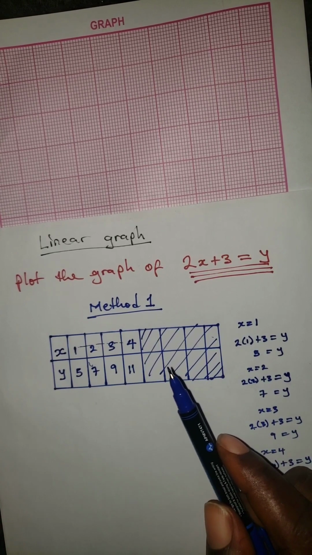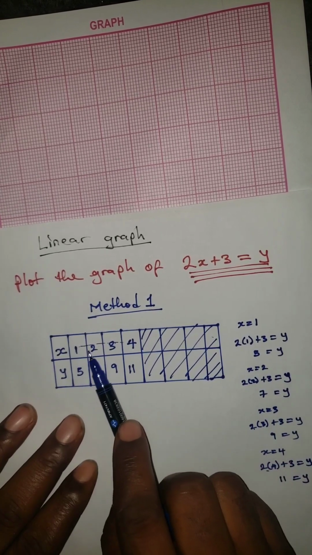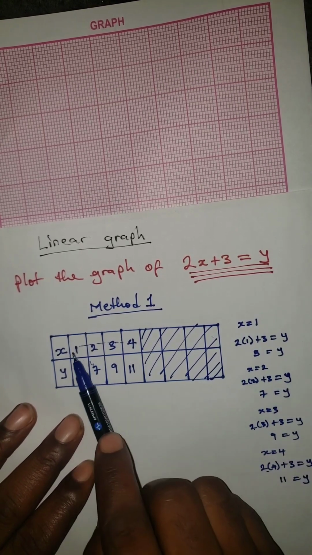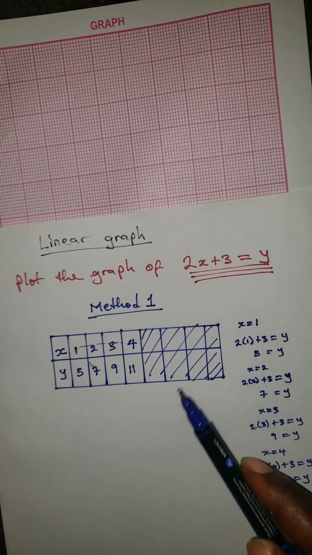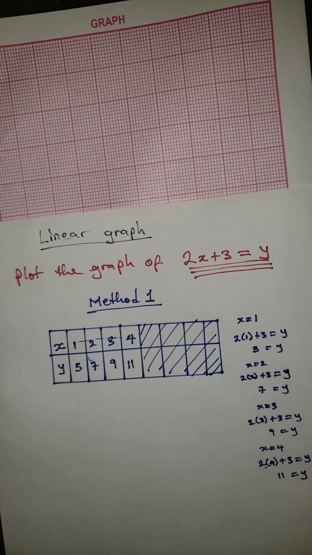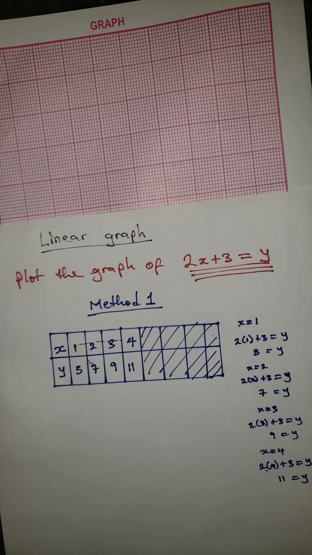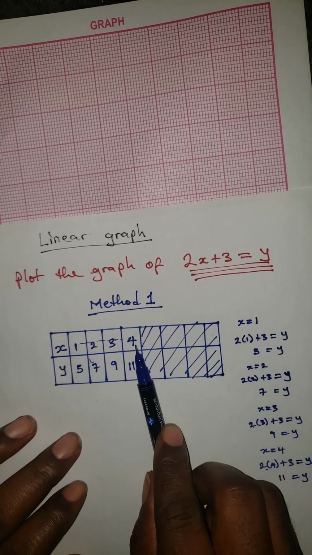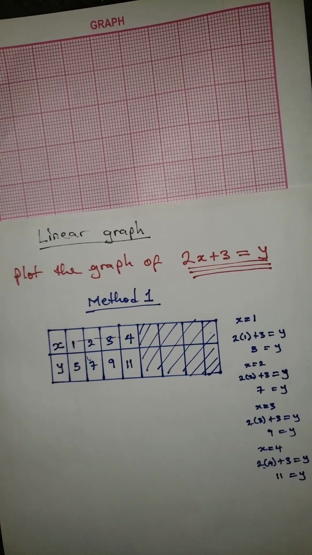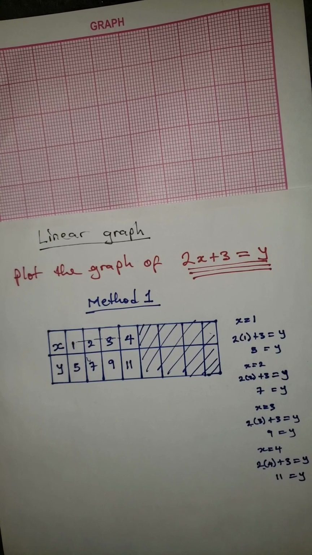You can create your table to have up to 4 numbers, 1, 2, 3, 4, or up to 5, as much as you can. But I always advise you to just pick a few numbers, 3 or 4 or 5 maximum, so that you can finish up fast. Remember, time is a factor in mathematics.